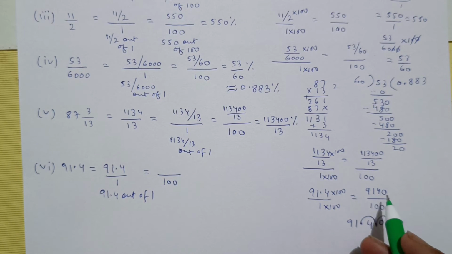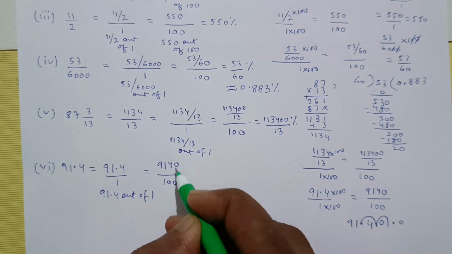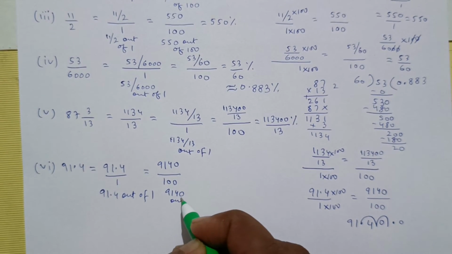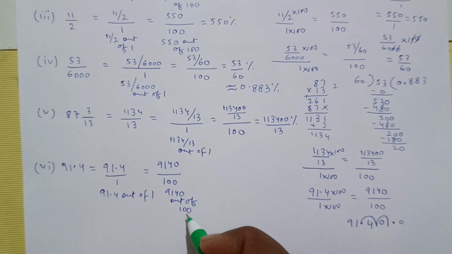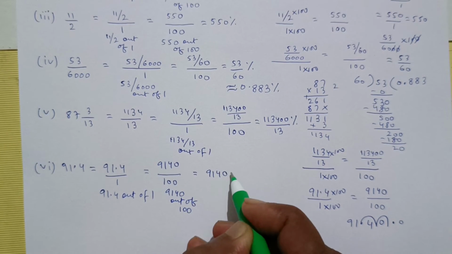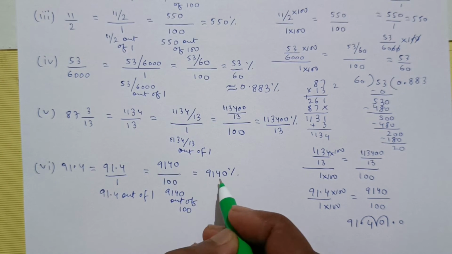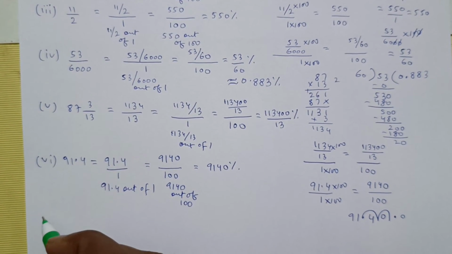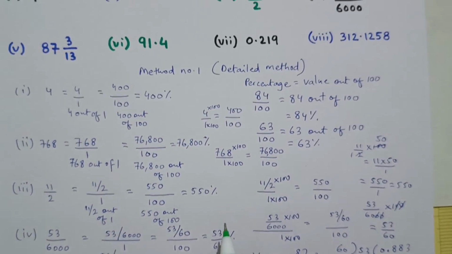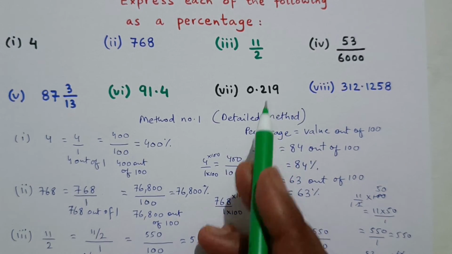So it becomes 9140 by 100, which means 9140 out of 100. And 9140 out of 100 means 9140 percentage, because this is the value out of 100. So this is the percentage. Let us go to question number 7. Question number 7 is 0.219. I have to convert this into percentage.